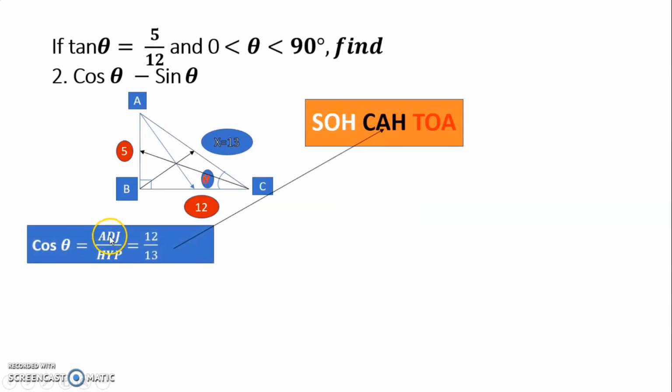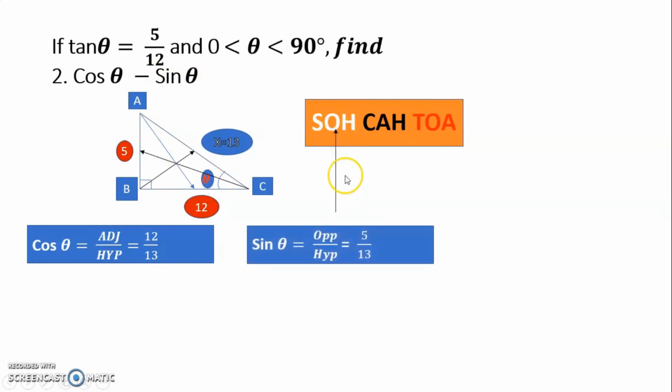We know that our adjacent is equal to 12 and hypotenuse is equal to 13, so cos theta is 12 over 13. So what is our sin theta? It simply means opposite over hypotenuse. Our opposite here is 5, hypotenuse is 13.